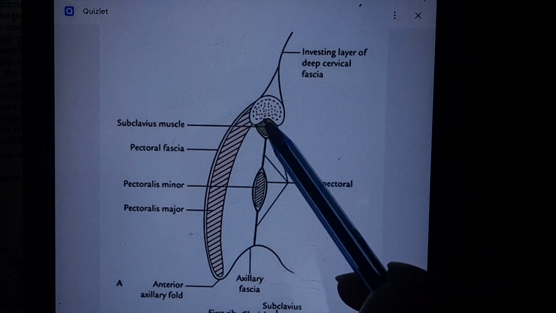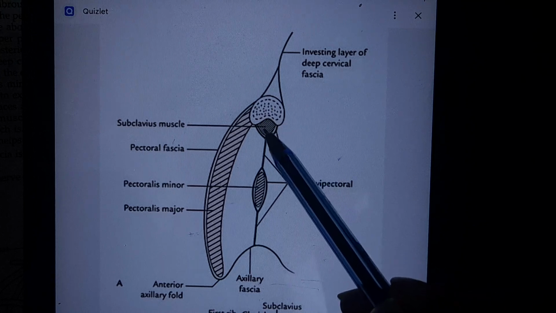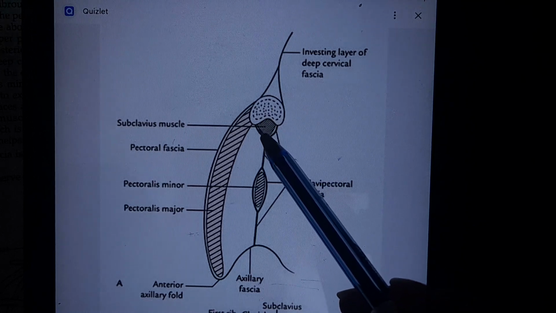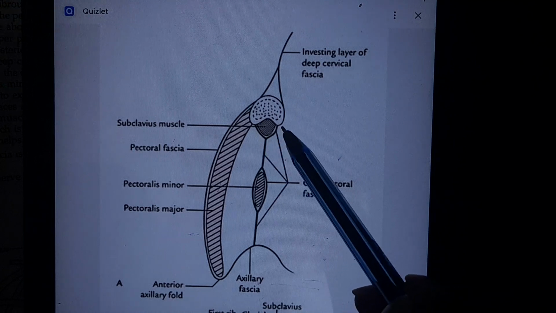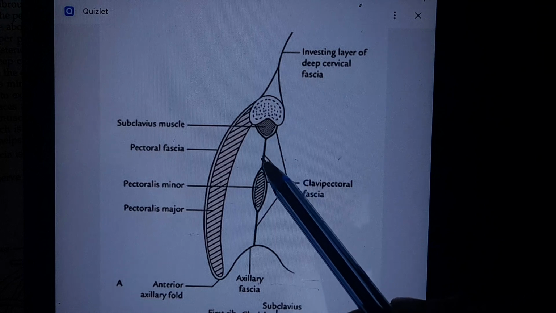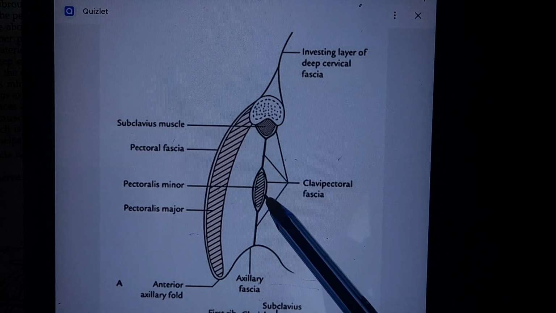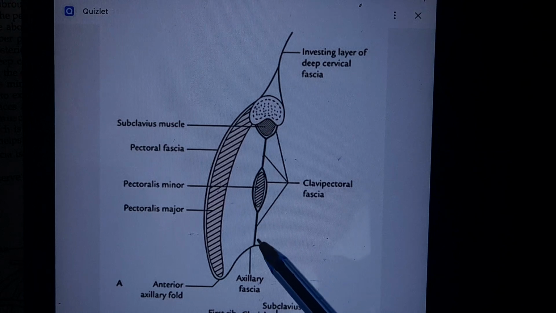This was the clavicle. Obviously, the subclavius is below the clavicle. So you know the clavipectoral fascia splits to accommodate the subclavius muscle on the superior side. Then it goes downward and encloses the pectoralis minor muscle, and then it goes downward and connects with the axillary fascia.